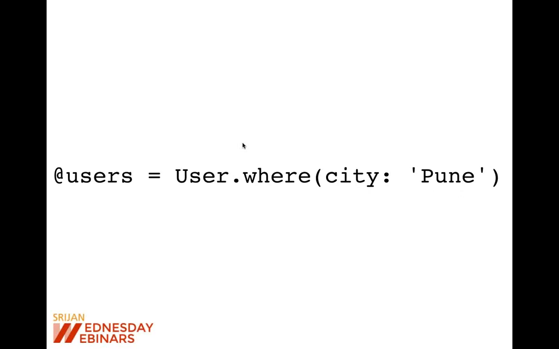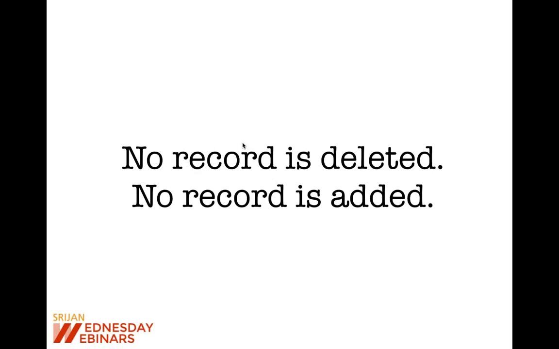So let's say that I have run this query for the first time. Now let's say it has given me 10 results. Now, in which scenarios is this result going to change? Either a record gets added with city Pune, or an existing record with city Pune gets deleted, right? In these two cases, the result of this query will change.